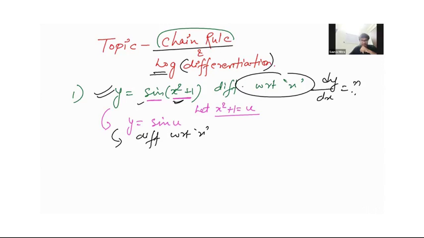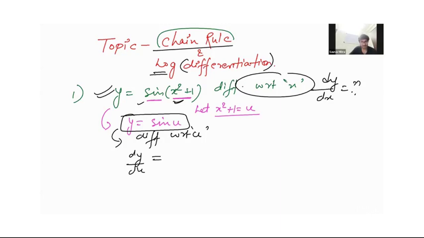So this will be your dy by du. We will differentiate it with respect to u and not x, because we are considering the chain rule. Whatever y is in terms of u, we will differentiate with respect to u.